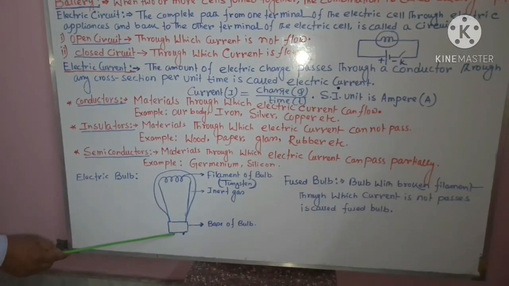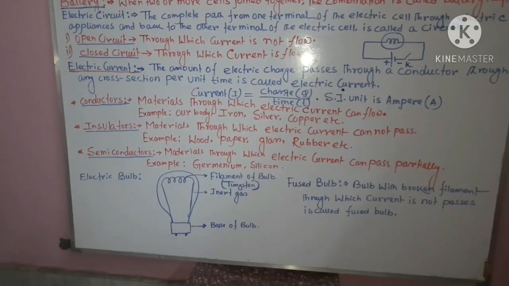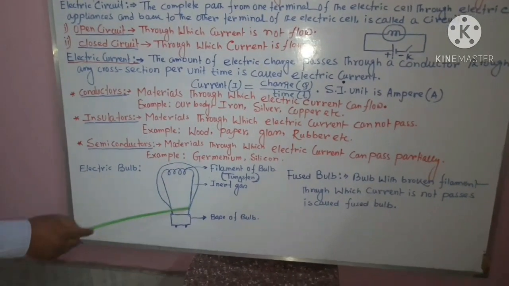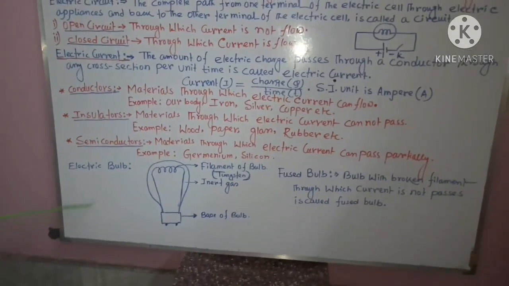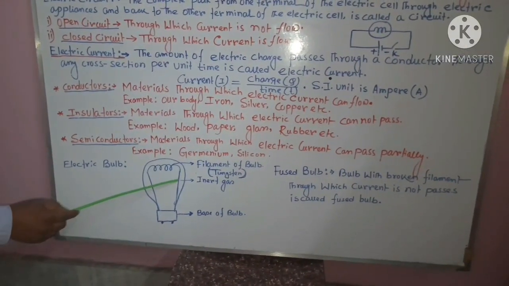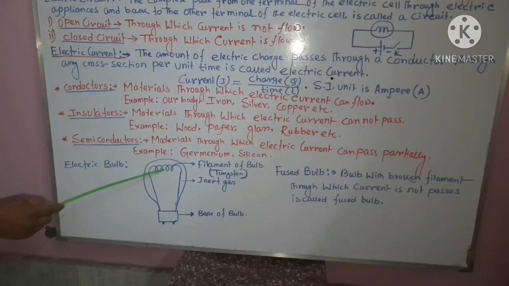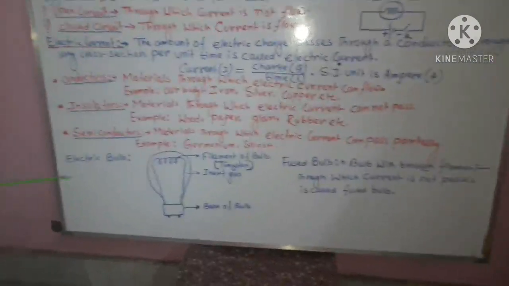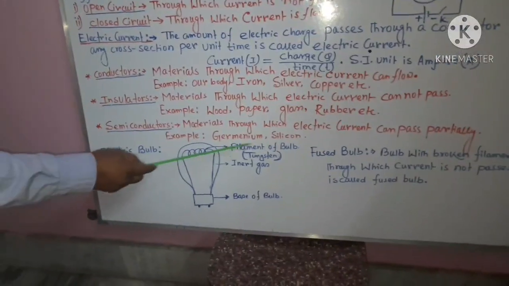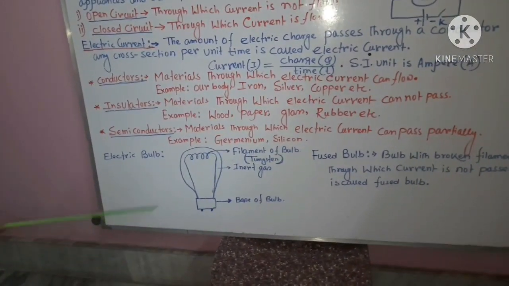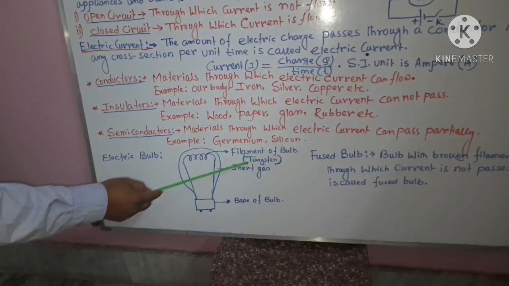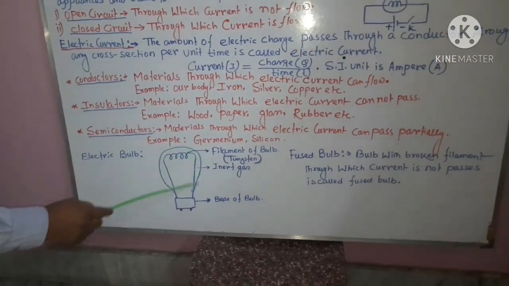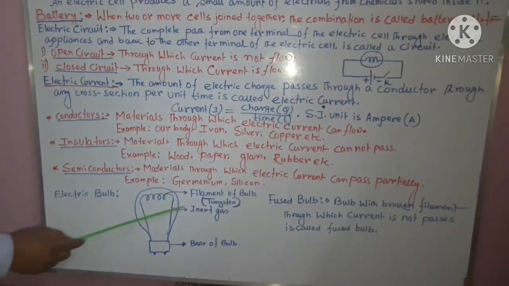This is the glass container of the bulb. Between two thick connecting wires, the filament of the bulb is connected. The filament of the bulb is made of a material known as tungsten. And in the space inside the glass container, there is an inert gas.